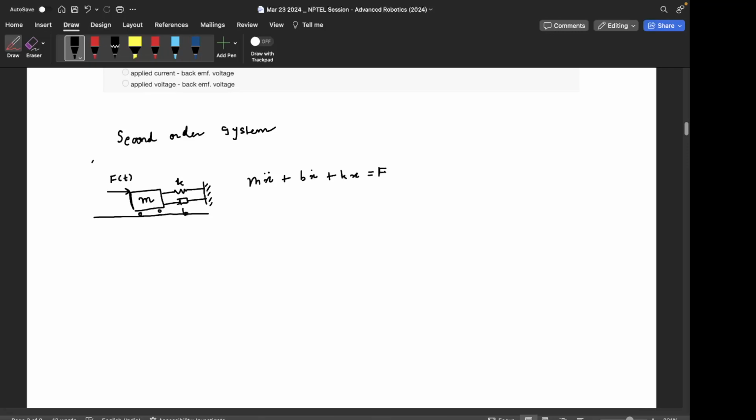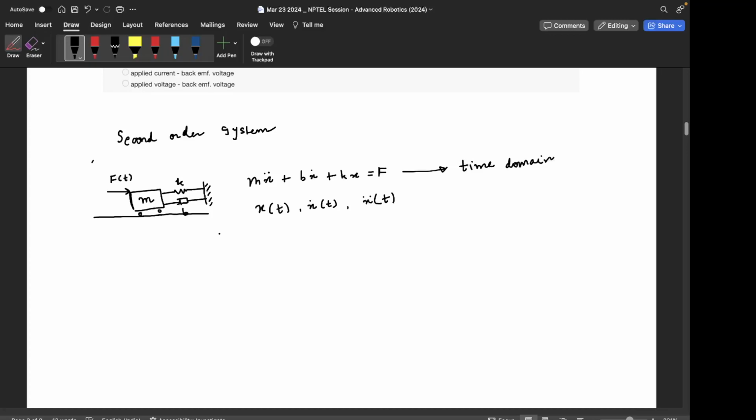Now the form of the equation that is currently being written is in what we call the time domain, because all these parameters, like x(t), x dot (t), the states, the derivatives, the accelerations, they are all functions of time in this equation.